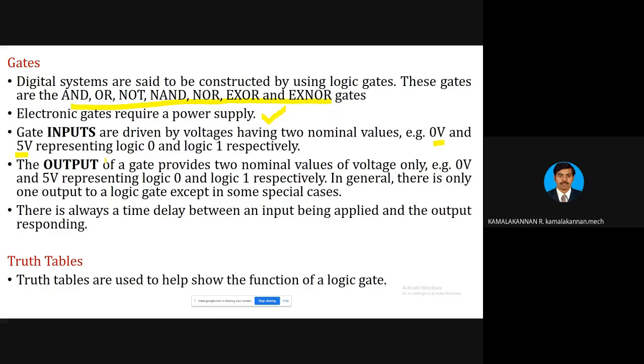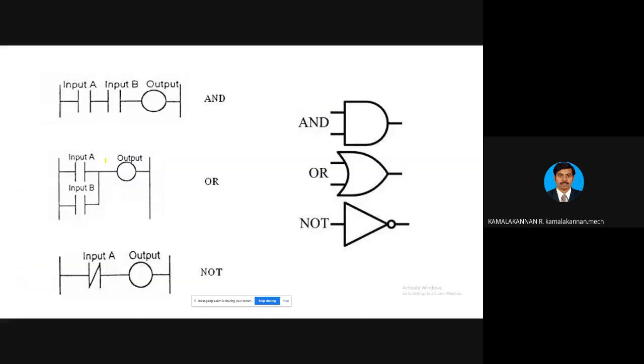To understand the gates, we should know about their truth table. The truth table will show what function the gate can do, what logical operation the gates are working. So let us see the truth table. Before going to that, these are the basic gates which are used in PLC ladder logic programming: AND, OR, and NOT.